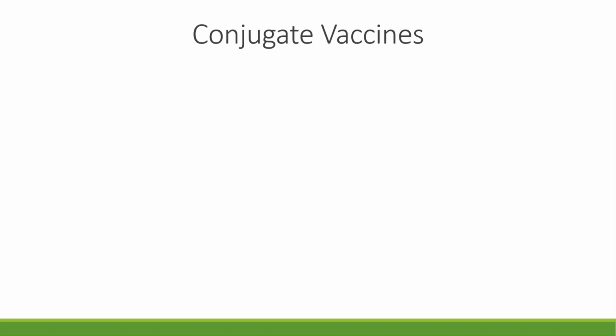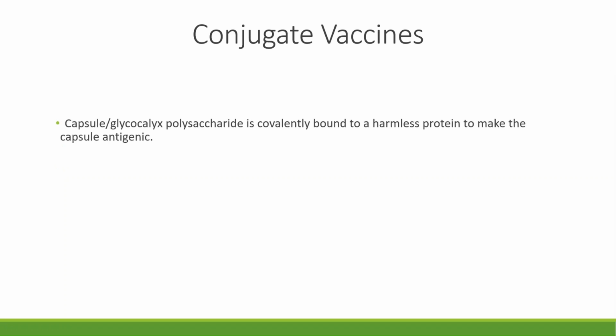Conjugate vaccines help the immune system recognize capsule polysaccharides, which would otherwise be poorly antigenic. Our immune system's really good at recognizing proteins, very poor at recognizing polysaccharides, with our B cells, our antibodies, immunoglobulins. And this is done by binding the polysaccharide to a harmless protein. So that's why C-O-N means with.